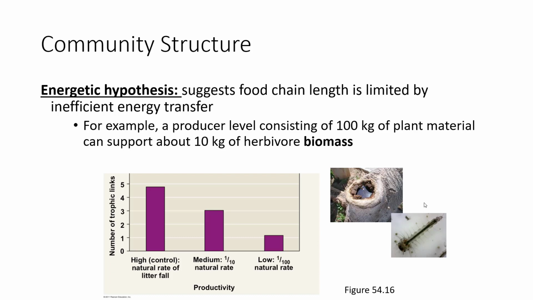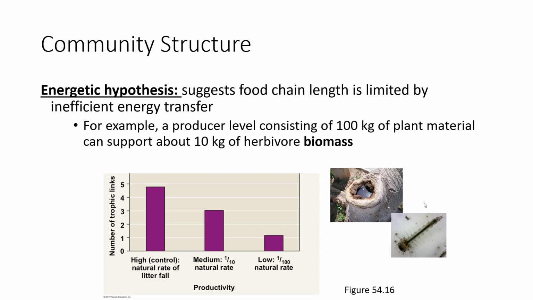And if you have a low amount of leaf matter falling into this hole, then you're going to get a low number of trophic links, maybe just one or two. If you have a medium amount, you're going to have a higher number of trophic links, and a higher amount is going to lead to, of course, higher links. What this means is the more energy available in primary production, or in this case, detritus falling from primary production, the more trophic links can occur.